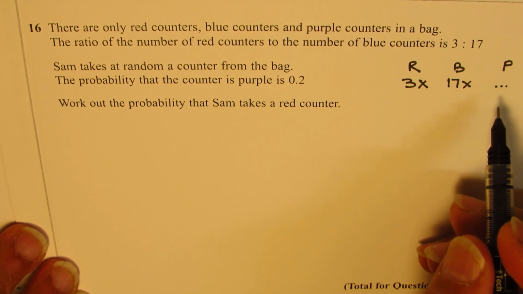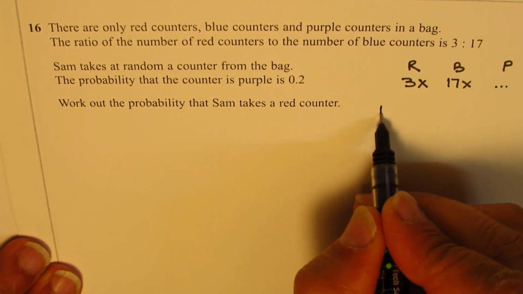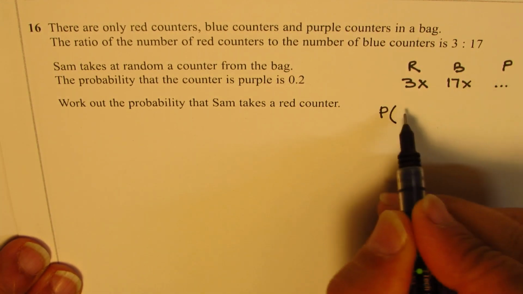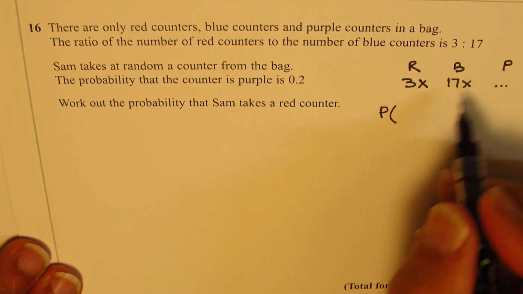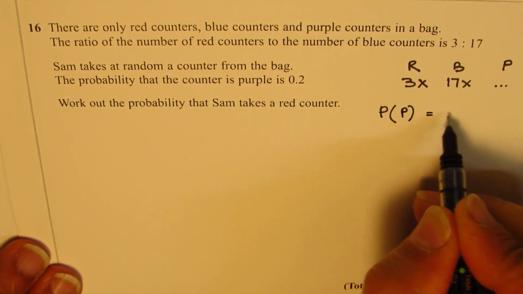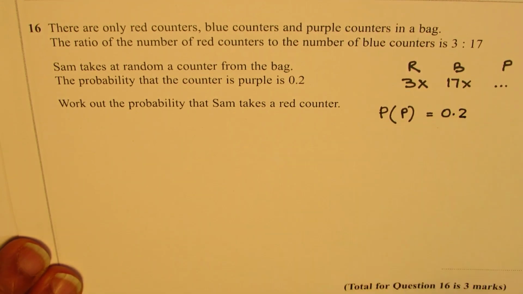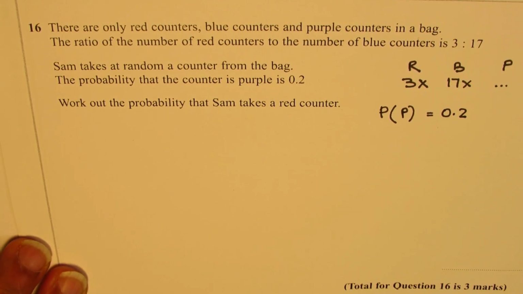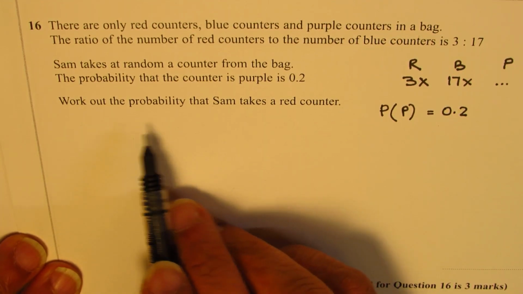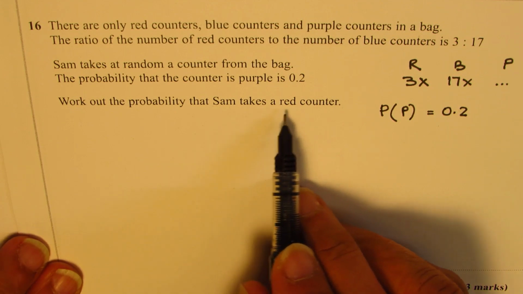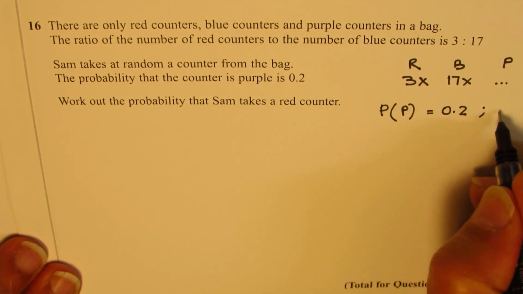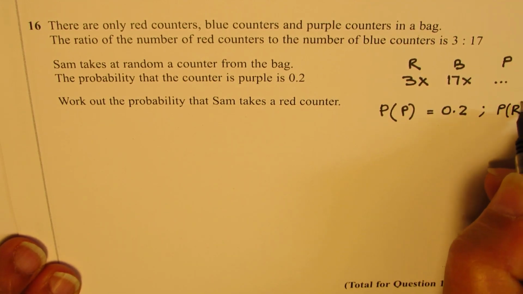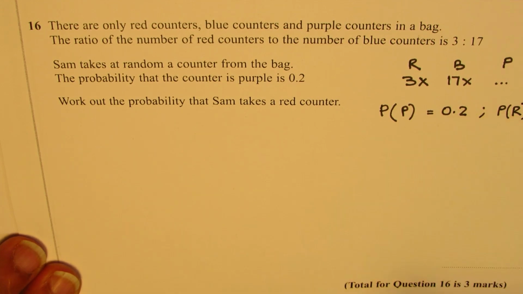But what we know here is that the probability of purple is 0.2. That is what is given to us, correct? We need to find the probability that Sam takes a red counter. And what we need to find is the probability of picking up a red counter. That is what the question is.